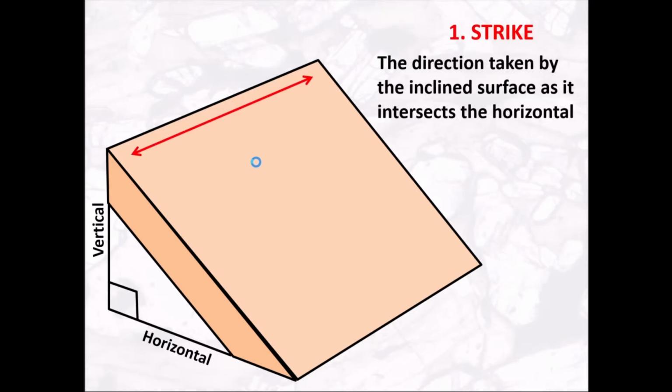The first component is the strike, and that's a horizontal line that you can draw along the surface of that plane. We could draw an infinite number of lines all over this plane, but only one of them would be perfectly horizontal, and we call that line the strike.